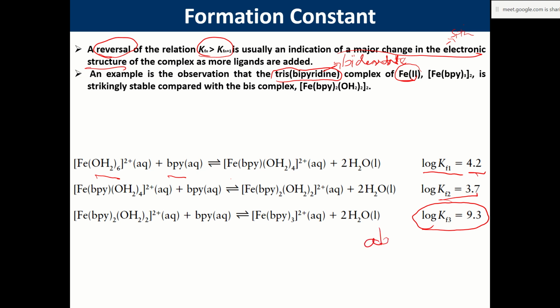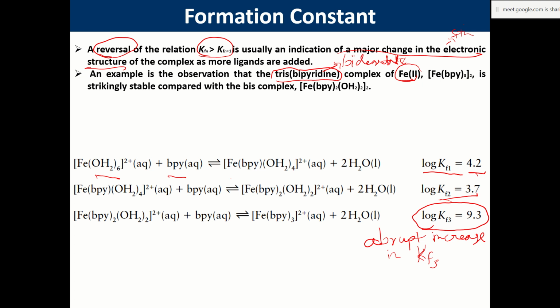What we see here is an abrupt increase in Kf3. The value of Kf3 is suddenly increasing, which is surprising, and not following the trend. So how do we explain that?